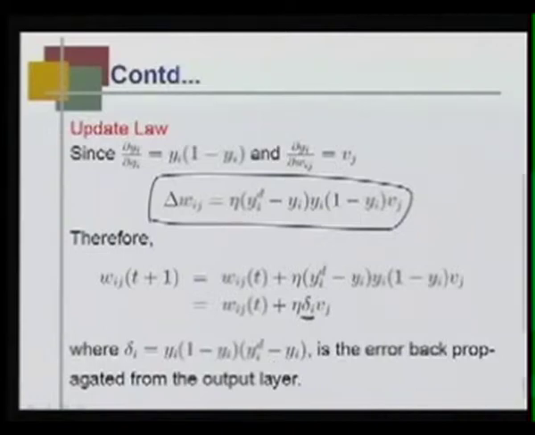So, this is called the back propagation algorithm. The new weight is the old weight plus eta times the error back propagated times the input signal to the connection.